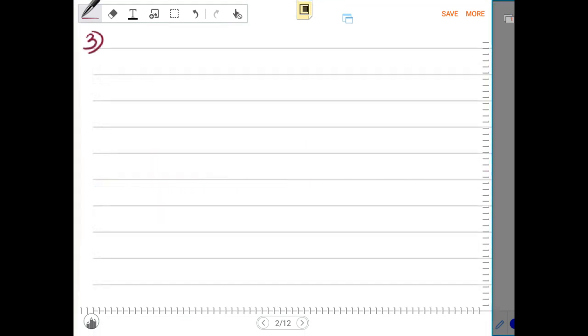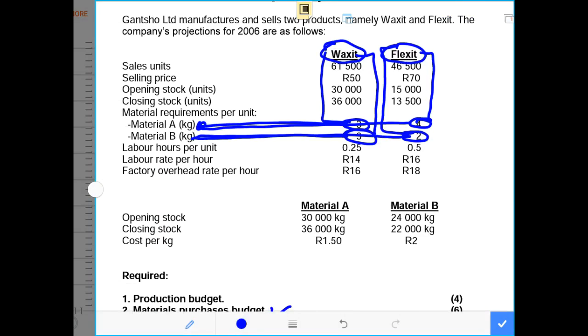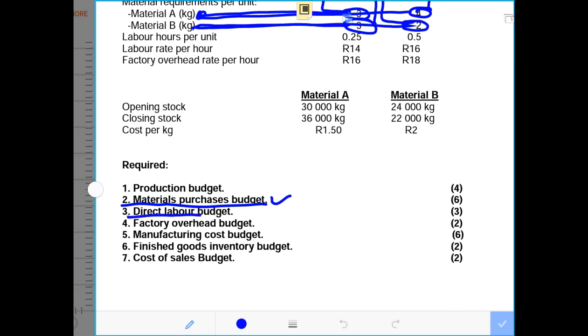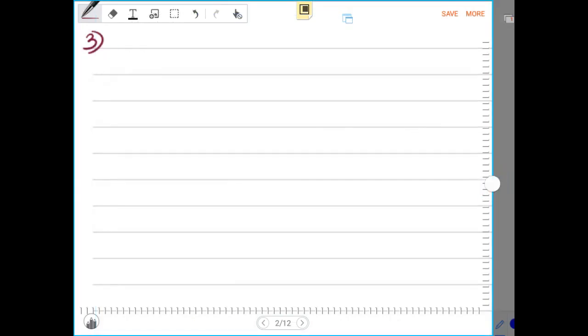This budget is preferably done per unit and also in total. I could have done this per unit, but I prefer to do it in total. Let me do this budget in total, then I'll also show you how to do this per unit.